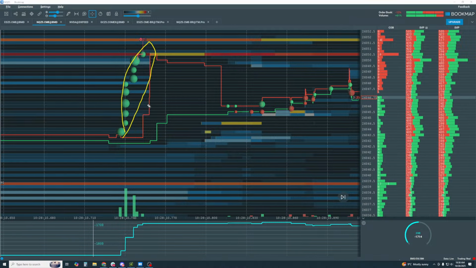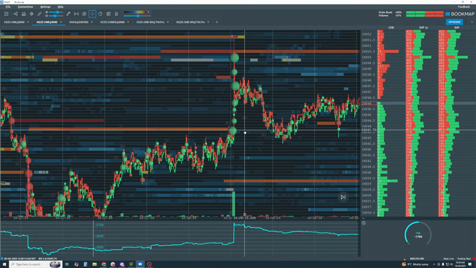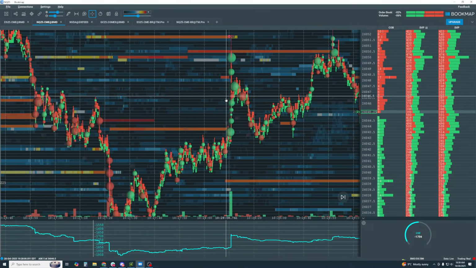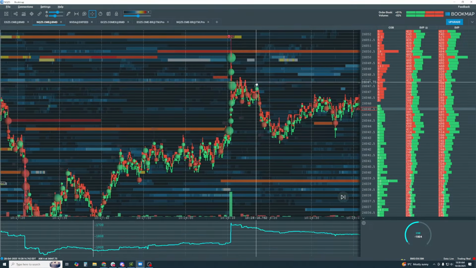So what happened in here? I don't know if that was news or not, but you can see it was just a big sweep of the order book here, and then what happened? After this, we're looking for the continuation down here. Well, the pullback continued.